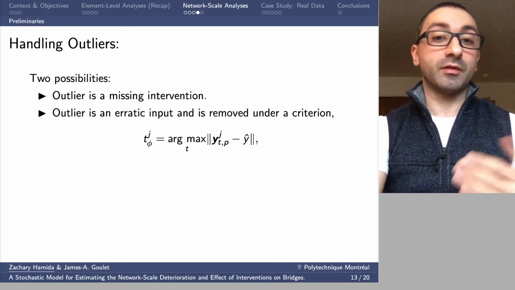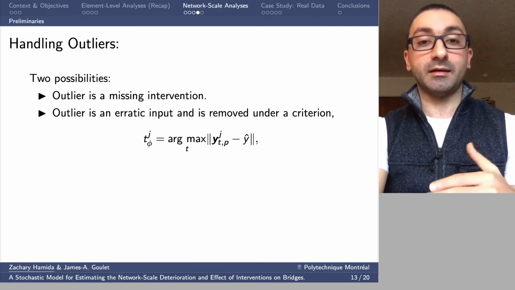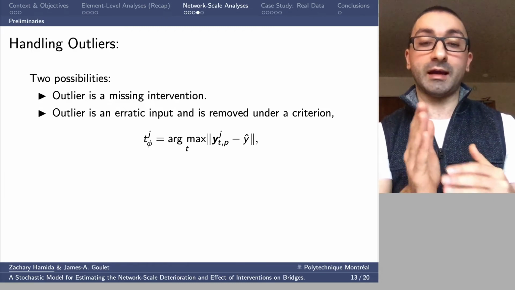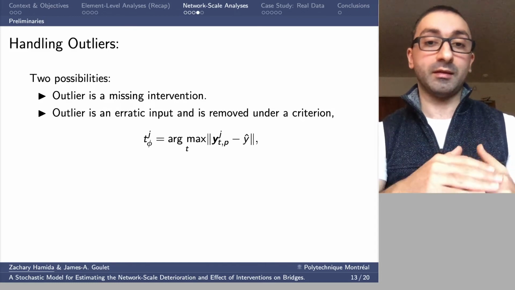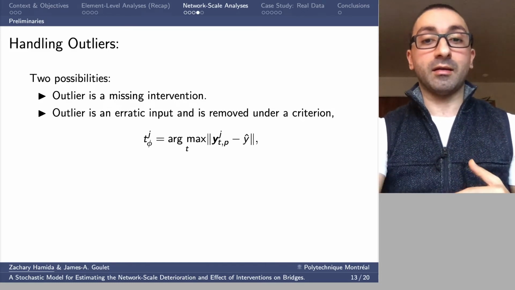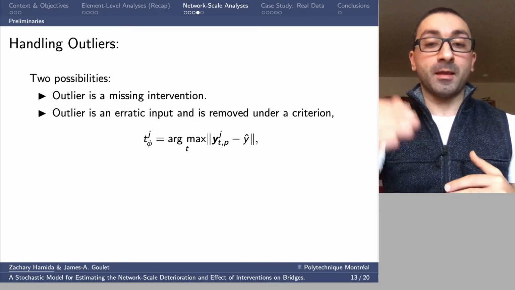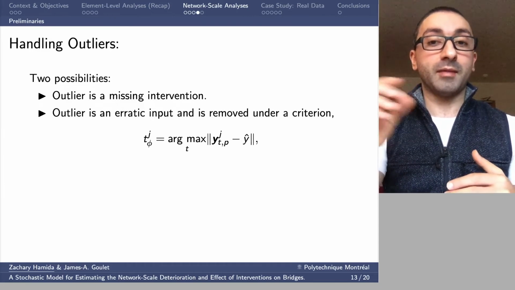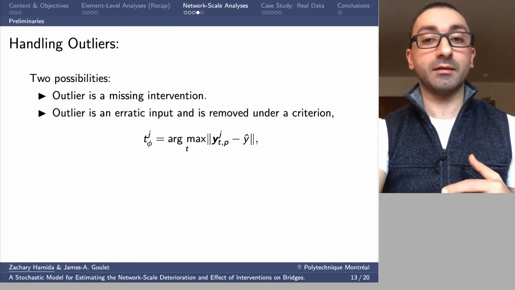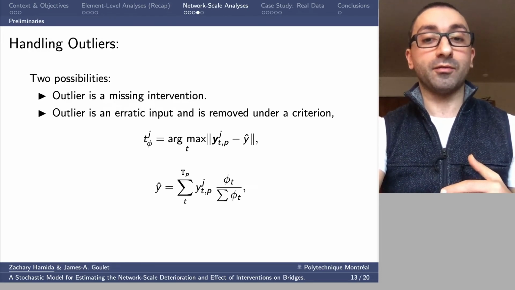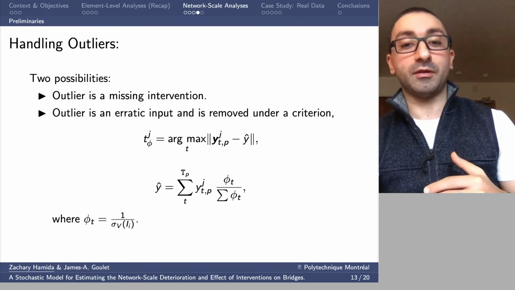The criterion that we've defined to identify at which time the outlier happened is the argmax over t, where t is the x-axis, of the difference between each of the observations and the weighted average, y hat. This weighted average is weighted based on the uncertainty of each inspection.